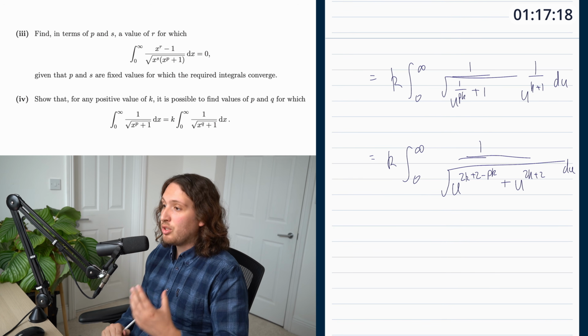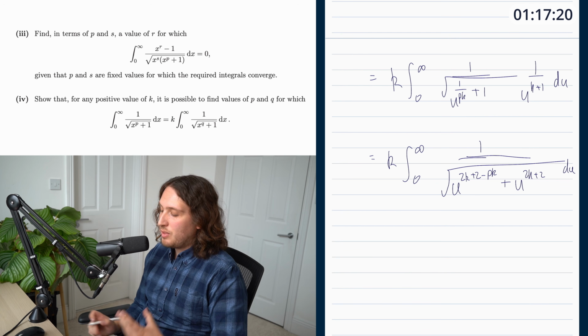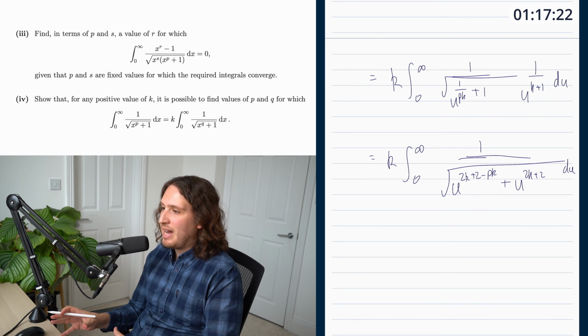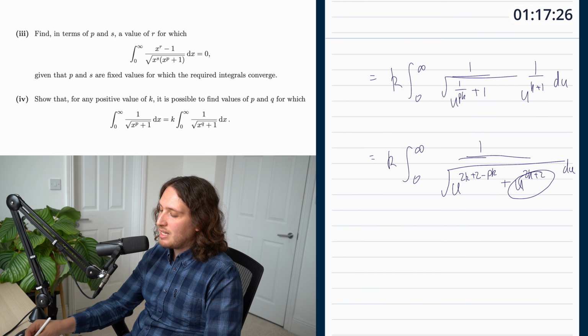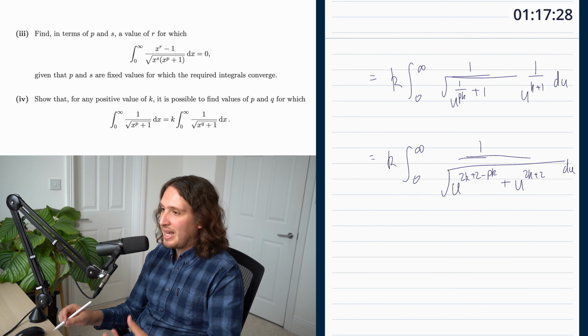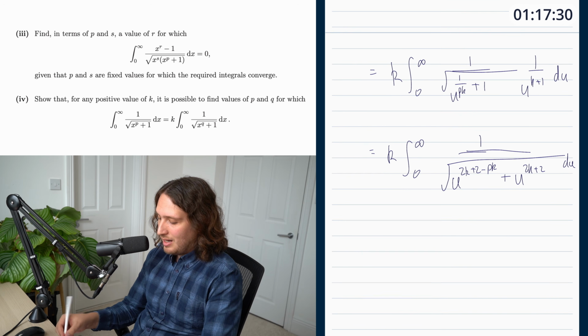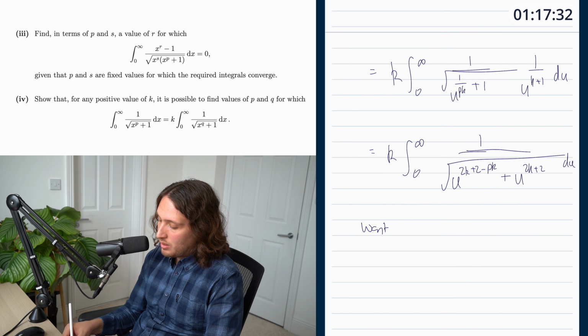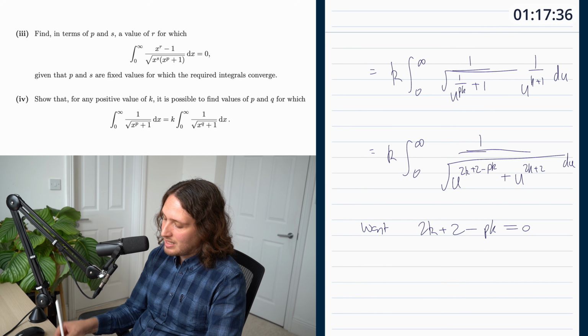Now, what do I want to achieve? I want one of these powers to be 0 so that I get my plus 1. That is not going to be 0 without k being negative, which is no good. So I want, therefore, that 2k plus 2 minus pk is 0.